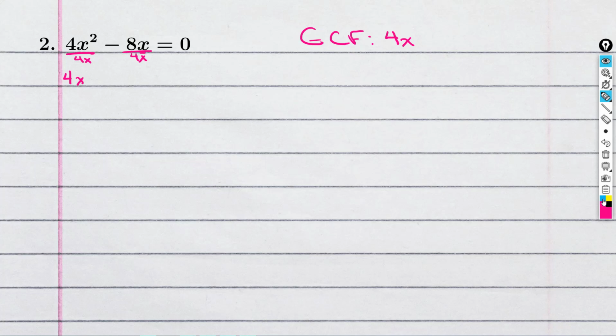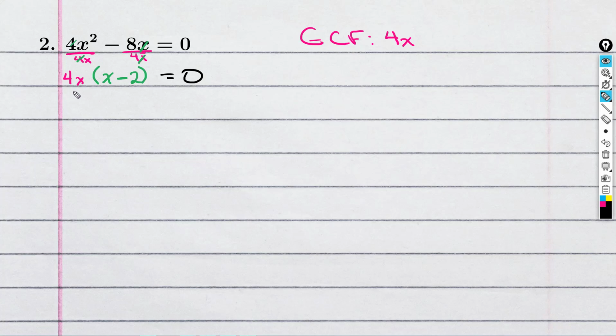So when I divide it, I end up with 4x squared divided by 4x. The 4's cancel. x squared divided by x gives me x. Negative 8x divided by 4x gives me a negative 2 because the x's cancel. And that's equal to 0.